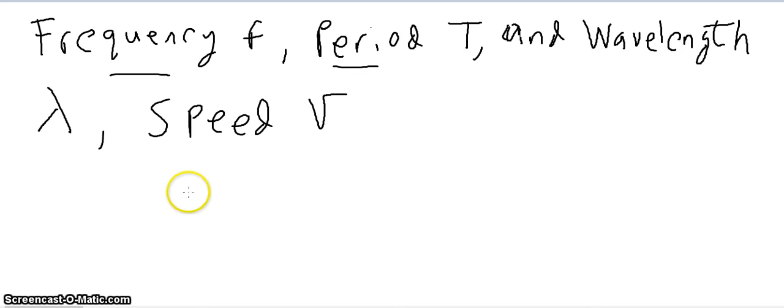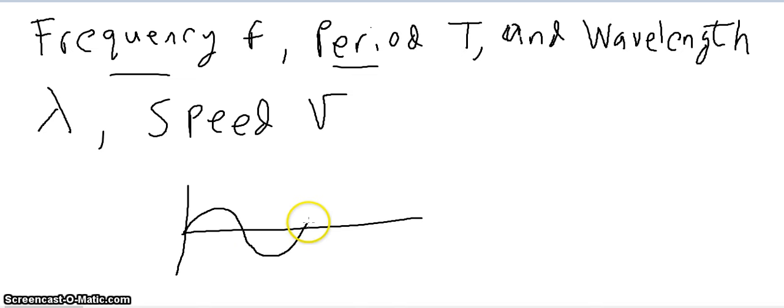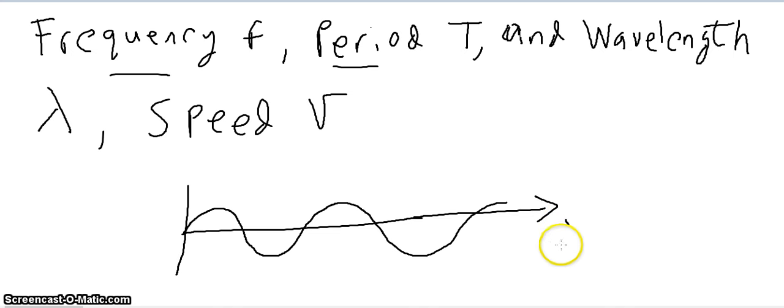So again, if you have a wave that is oscillating in time, this time the x-axis is literally going to be distance. And so here we go. Here's our wave, and this axis is distance x.